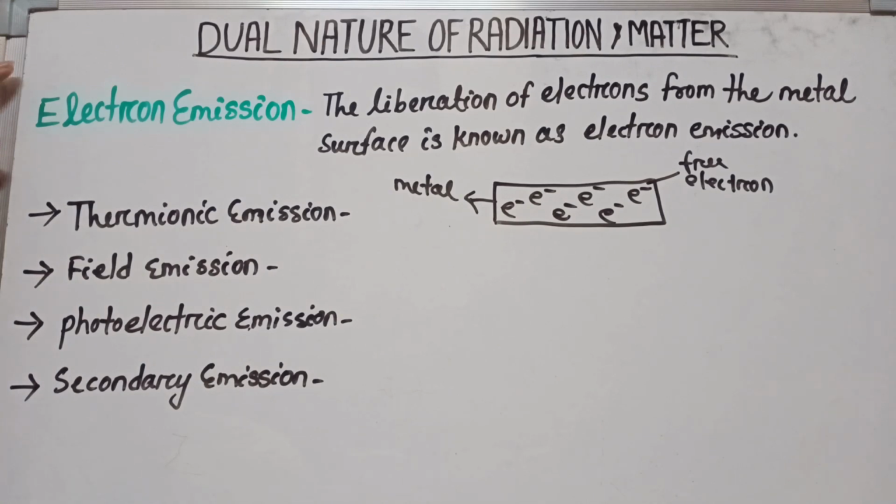Electron emission. What do you mean by electron emission? The liberation or elimination of electrons from the metal surface is known as electron emission.